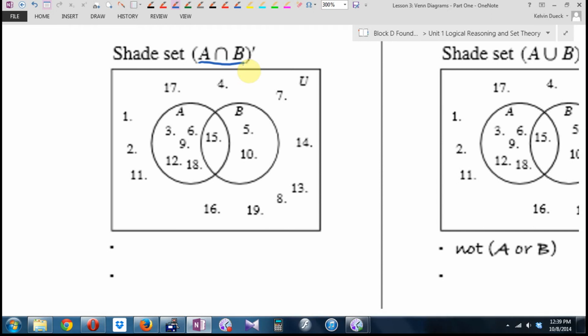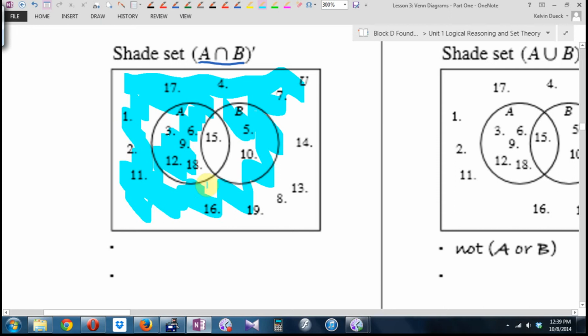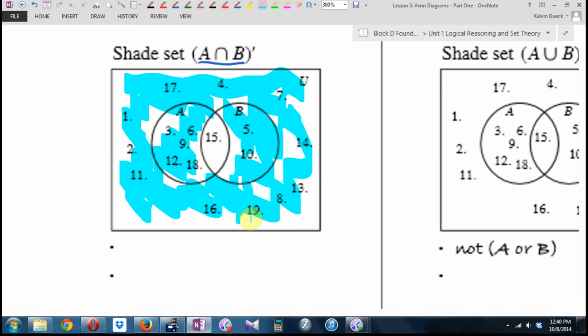The same diagram we just did. Here's another way to say what we just did. You're going to get, again, so apparently the complement of the intersection of A and B is the same as A prime union B prime.